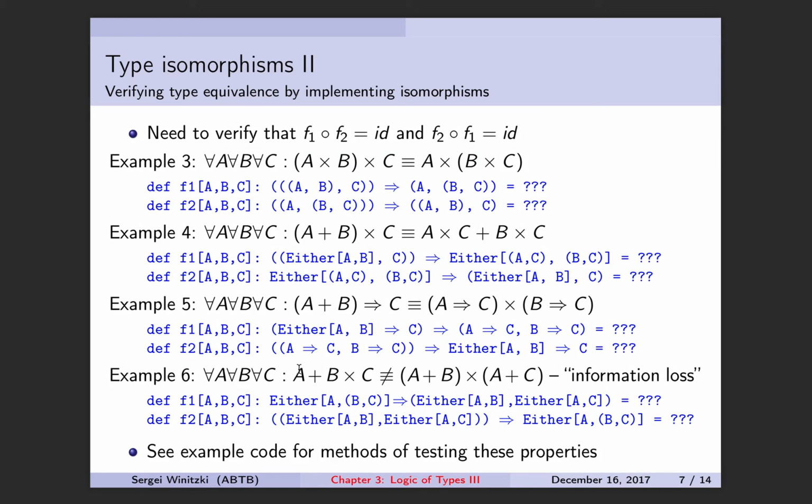So some of those are logically correct, but they lose information, and so they do not actually give isomorphism of types. And I noticed that this is not an arithmetic identity. This is a logical identity, but if you write it in arithmetic notation like this, it's obviously not equal.